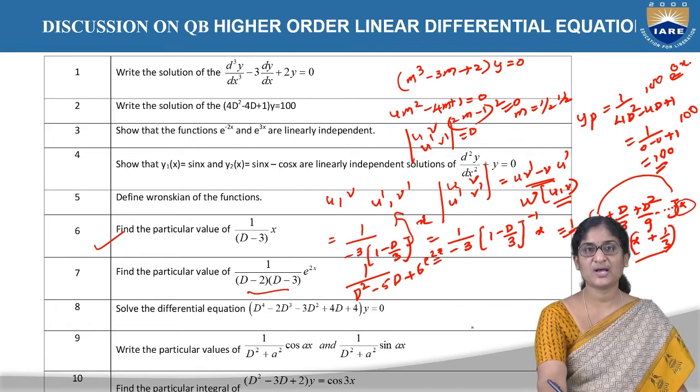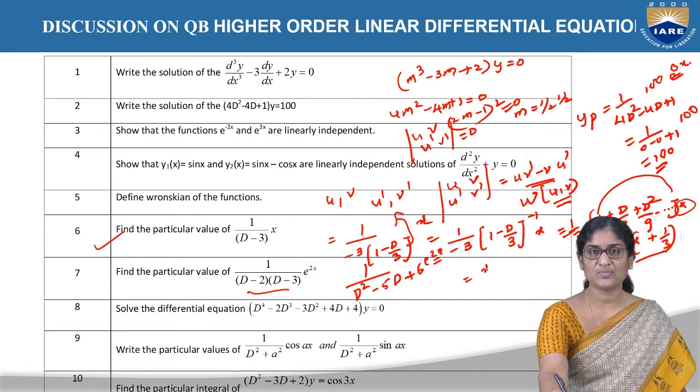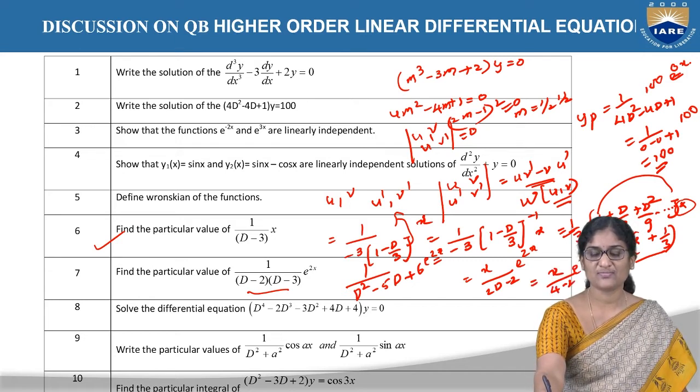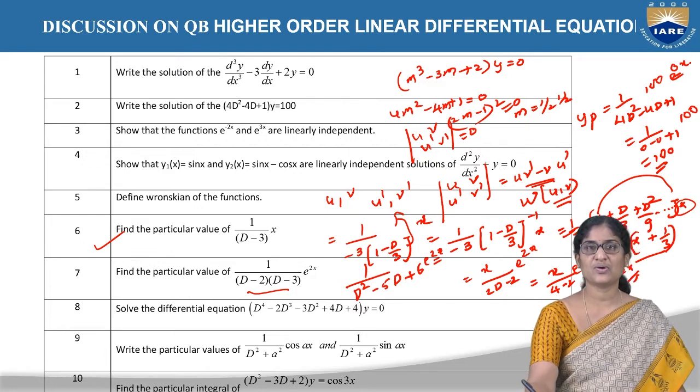That is the method: whenever you have Q of x equal to e to the power of ax, substitute D equal to a, and that will be the particular integral as long as the denominator never becomes 0. If the denominator becomes 0, then we multiply the numerator by x and take the derivative of the denominator, that is 2D minus 5, into e to the power of 2x. Once again substituting 2 in place of D, it comes out to be x by (4 minus 5) into e to the power of 2x, which is nothing but minus x e to the power of 2x. So in this manner you can find it.